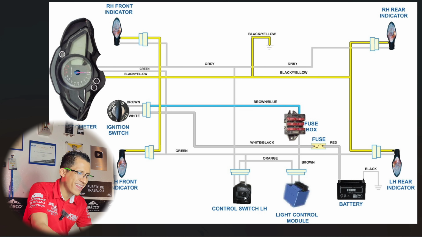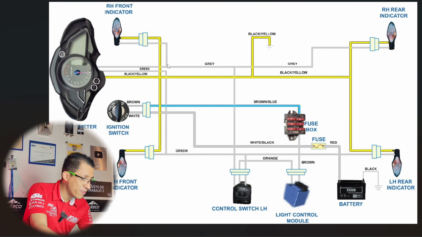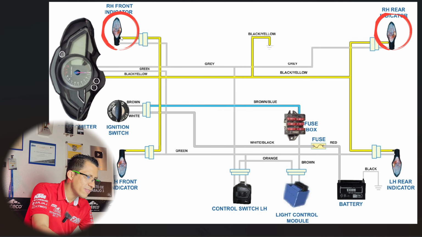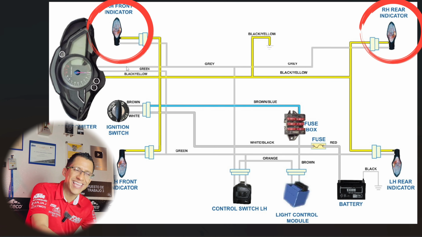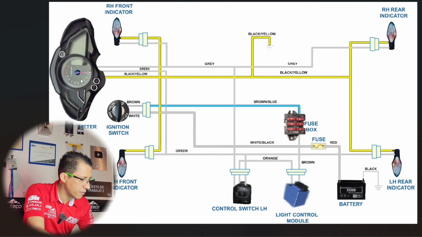And from there, the command activates. If we go through this gray cable, there turns on the front and rear directionals, and there is also a feed for the instrument panel to turn on the instrument panel indicator. So in this case, this motorcycle, the NS 200 fuel injection, has a little bit of a difference there.